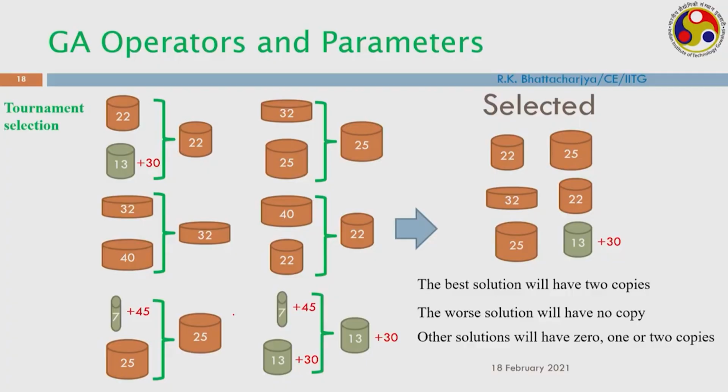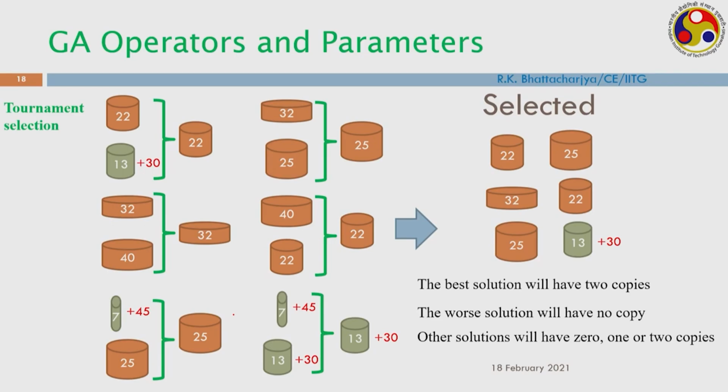As I said, in this method I can generate multiple copies of the better individual. Here I played the tournament for 2 rounds, and in every tournament the size is 2: two individuals are selected randomly, there is a tournament between them, and one of them wins and goes to the next generation. As we have 6 solutions and the tournament size is 2, I have to play the tournament twice to get 6 solutions.